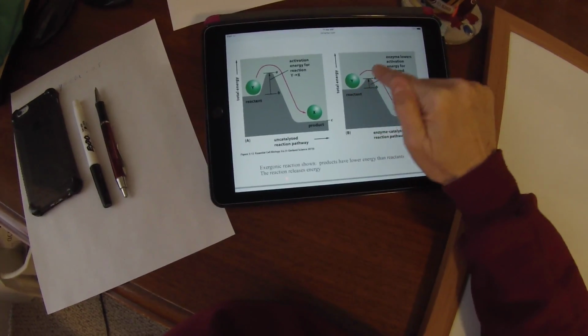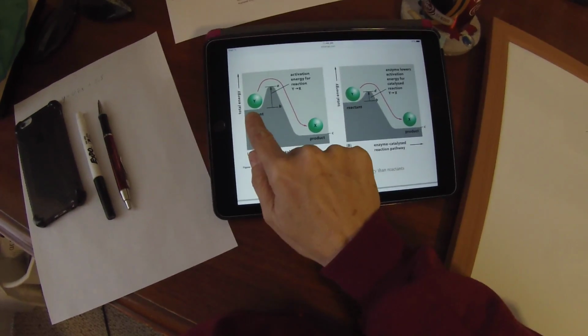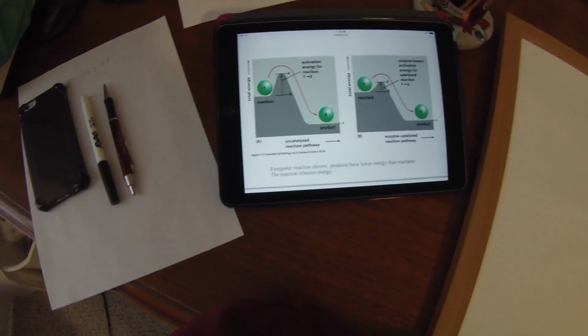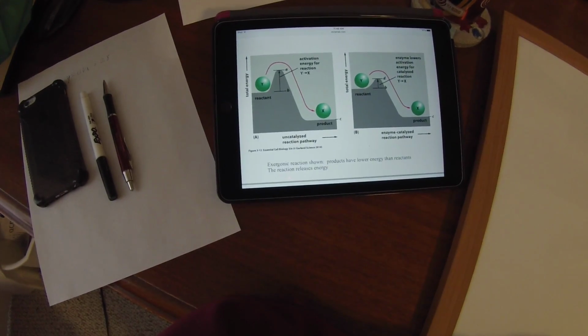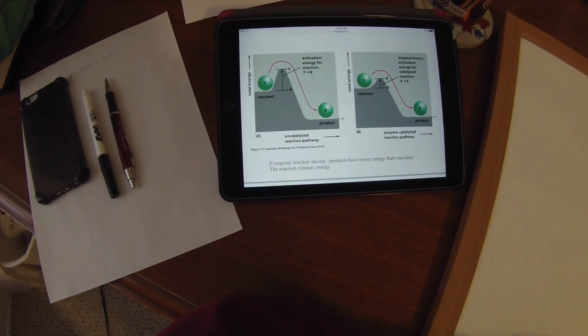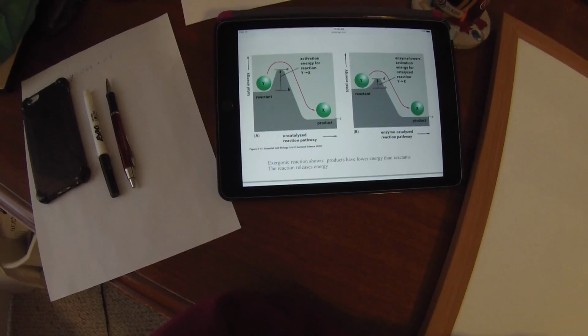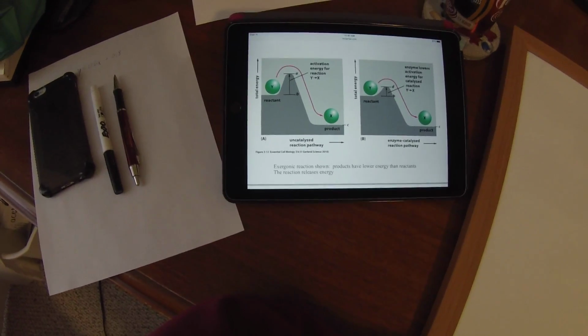So in the case that they've shown here, we have an exergonic reaction. Our products have less energy than our reactants, and so in the process of doing this reaction, we've lost some energy here. The laws of thermodynamics tell us that we can't have completely efficient conversions of energy from one form to another. So we always lose a little bit of energy every time we convert molecules from one form to another.